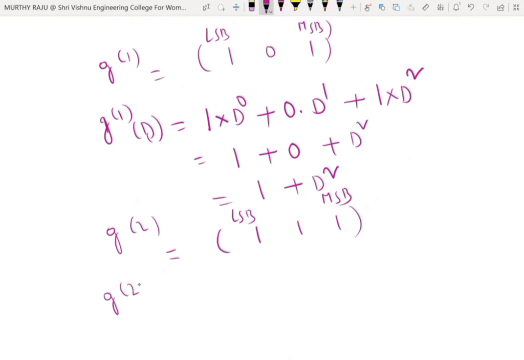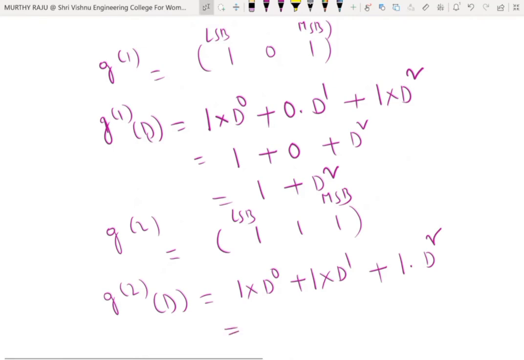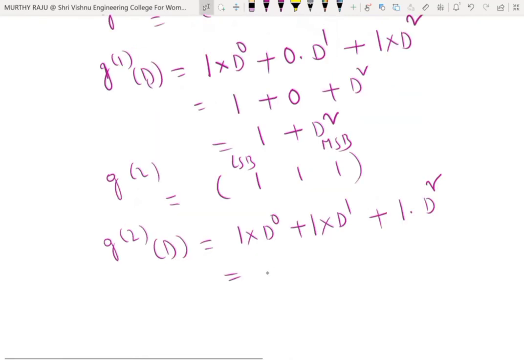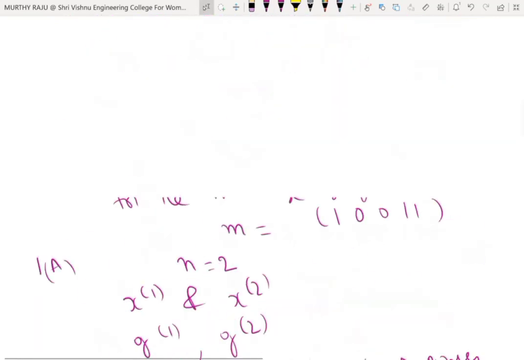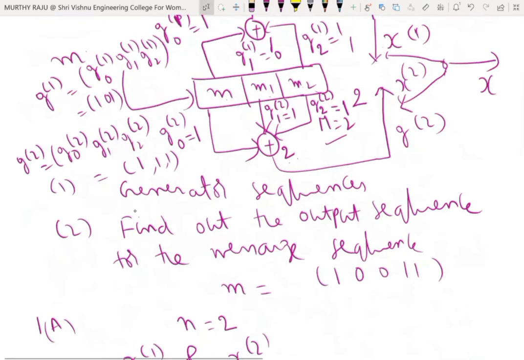Convert this into polynomial form, G of 2 of D, which is 1 into D power 0 plus 1 into D power 1 plus 1 into D square. 1 into D power 0 is 1, so that is 1 plus D plus D square. For the given message vector, these are the generator sequence polynomials. Next, m is equal to 1 0 0 1 1.